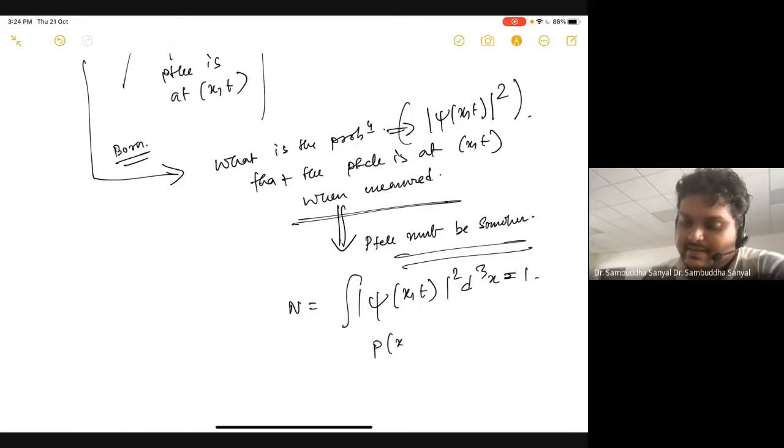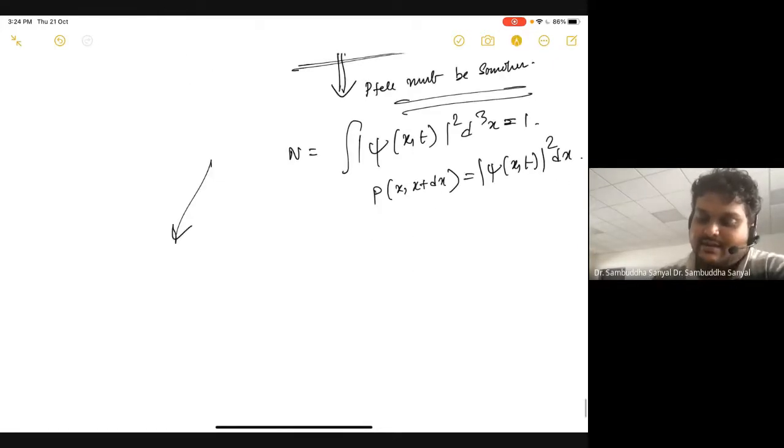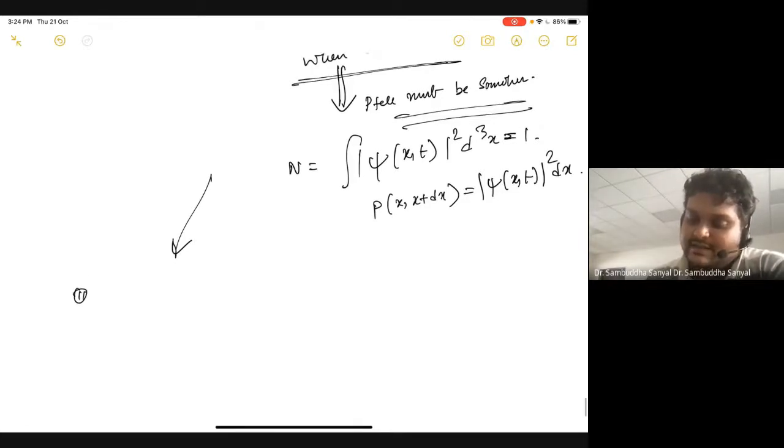And then he interpreted that the probability of detection is |psi(x,t)|^2 dx. Now, if this is true, then it led to something called an equation of continuity. The idea is that the particle is conserved, which means the particle must be somewhere, it cannot vanish. So that tells you that d/dt of the integral is a conserved quantity, it's 0 if N is constant.